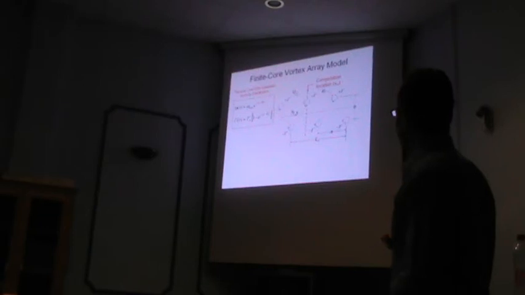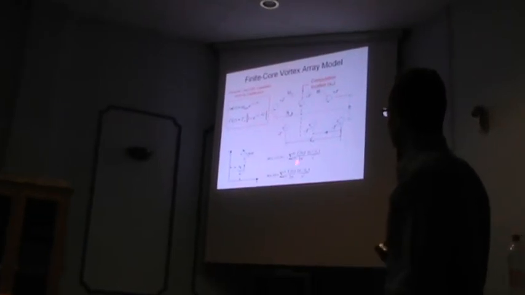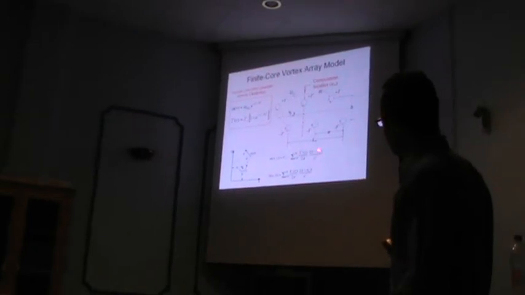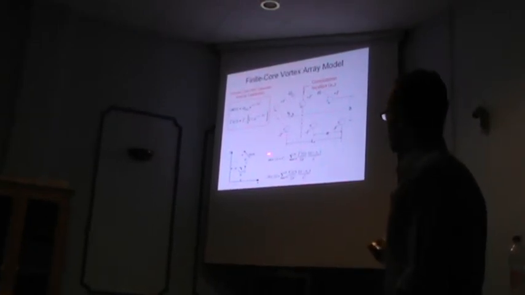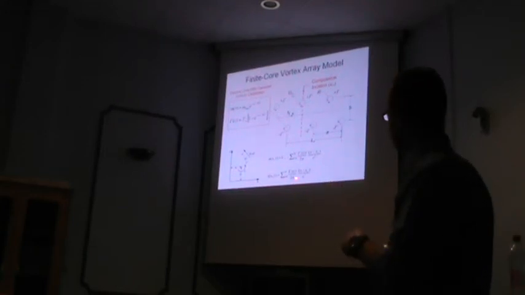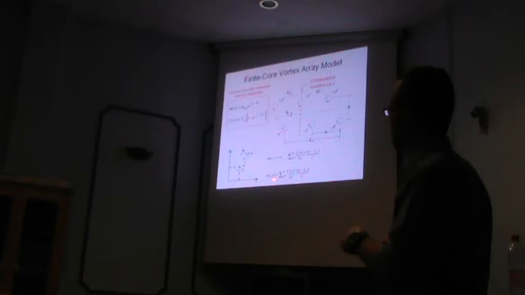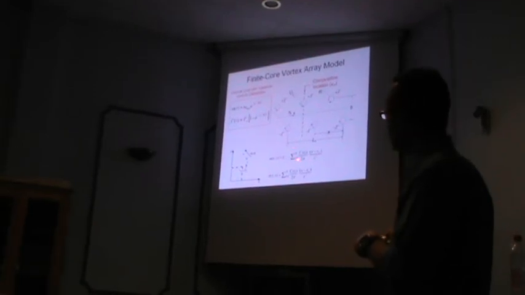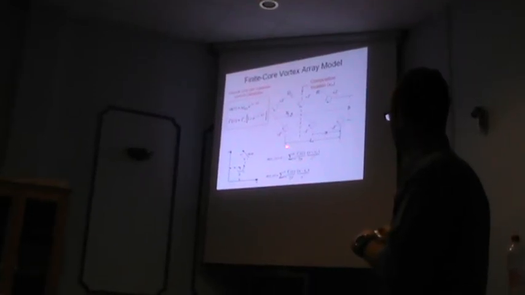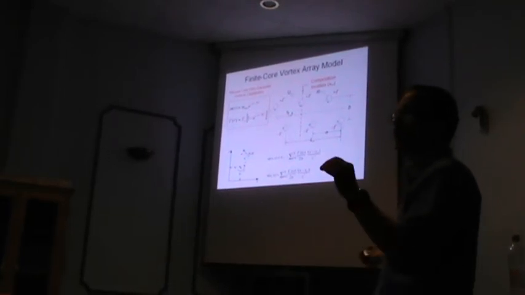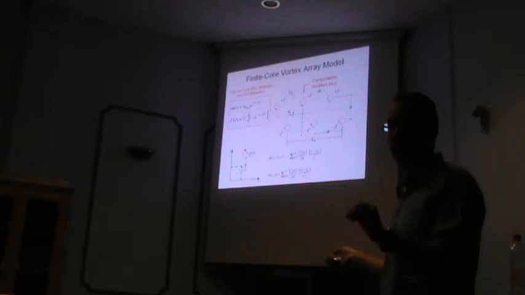Once we make that choice, then we end up with a capital N vortices, and the expression in the summation here is exactly the expression for u that we derived in the previous slide. And the same thing for v over here is the same expression as we derived for v in the previous slide. So if we sum the velocity produced by each vortex over all N vortices, which is related to the length Lx, then we can compute the resulting velocity field that is induced by the vortex array.